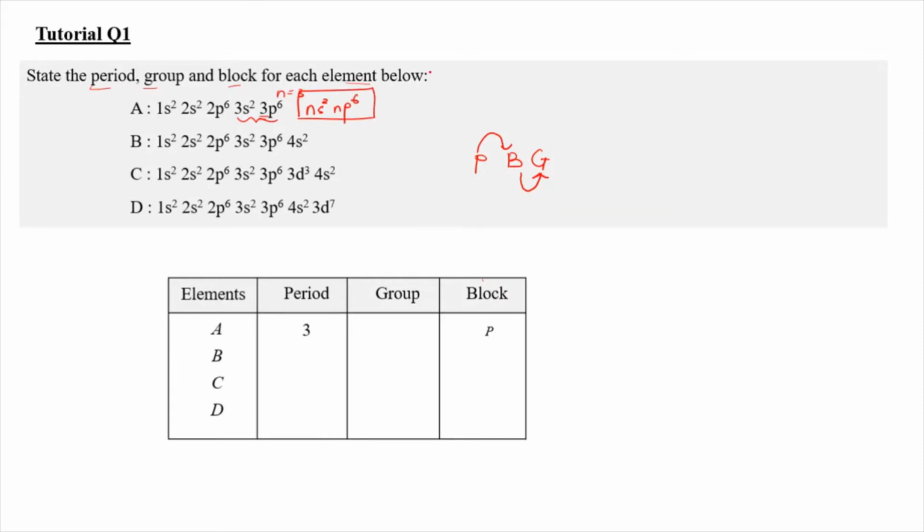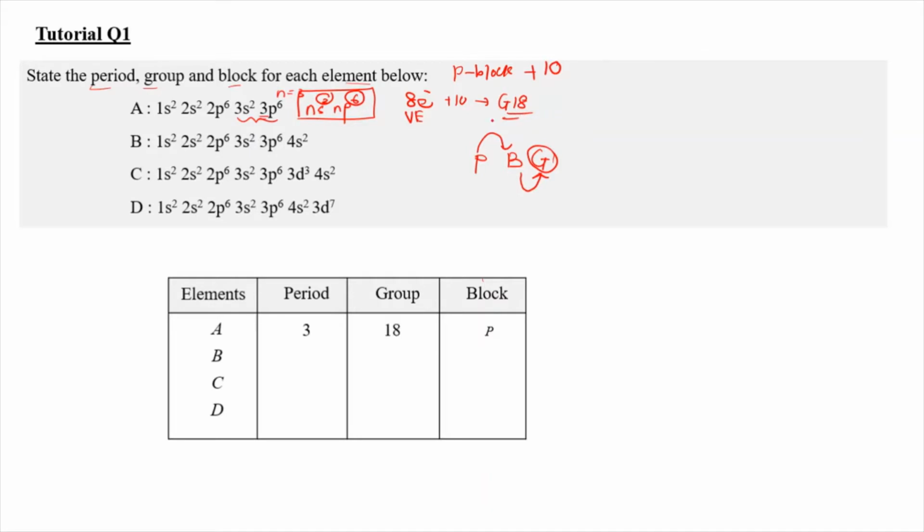In this p block, it has 8 valence electrons, which help us determine the group. Since it is located in the p block, we need to add 10. So 8 plus 10 puts it in group 18.